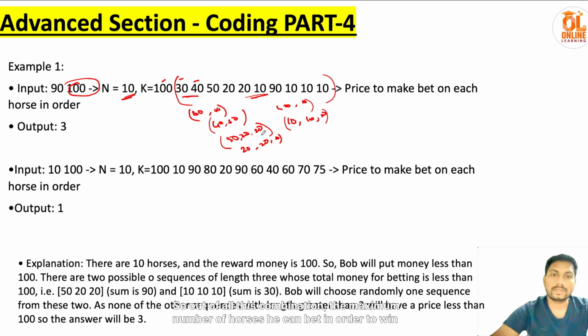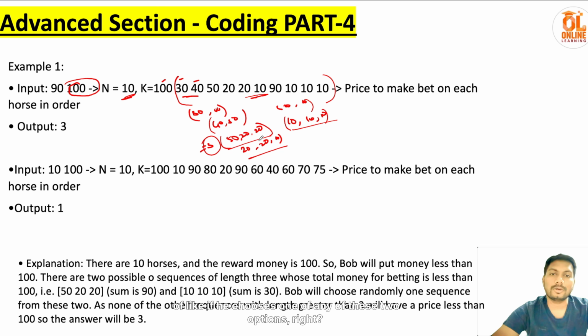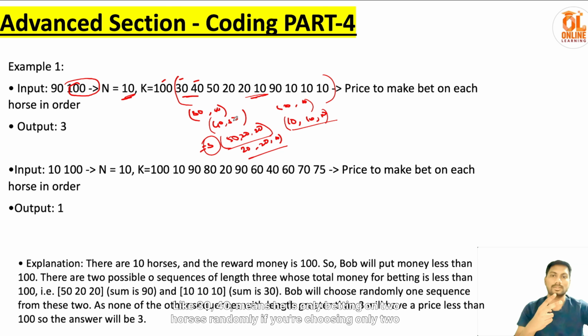So out of all these combinations, the maximum number of horses he can bet on, the probability of Bob winning, will be equal to 3. Because if he chooses any one of these two options, like 30, 40, he is only betting on two horses.